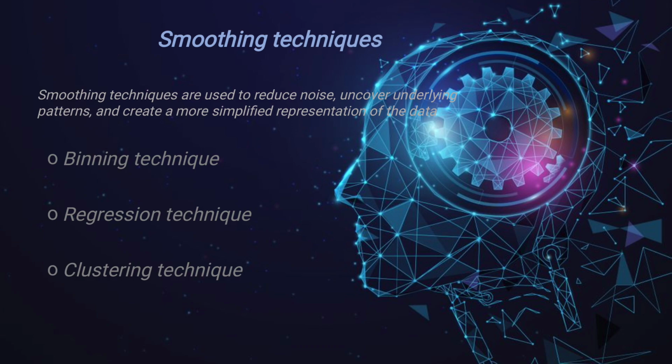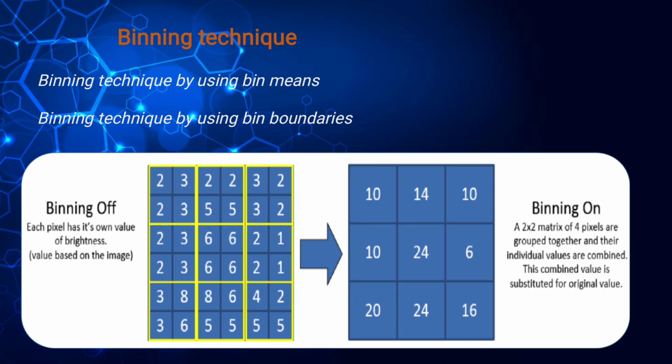First one, binning technique. The binning technique includes two different types of implementation. The first one is binning by using bin means, which means first we arrange the data in ascending order, divide it into bins of a particular size, calculate the mean of each bin and replace the data of the bin with that mean.